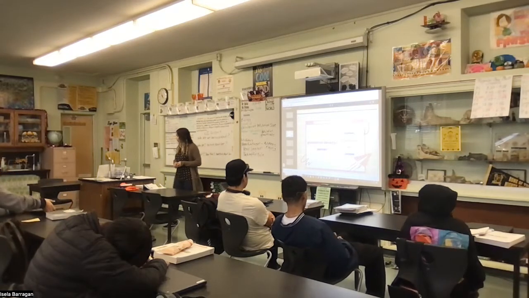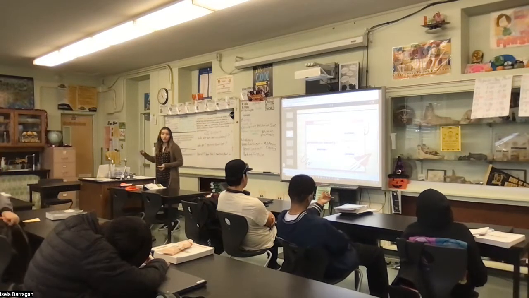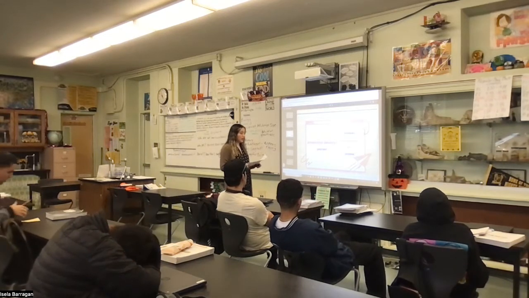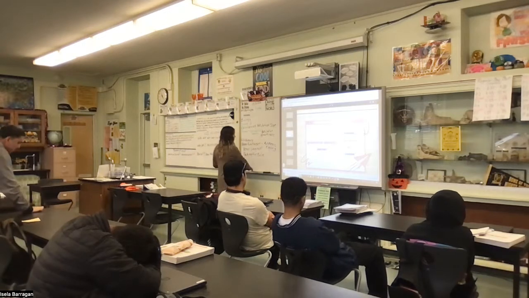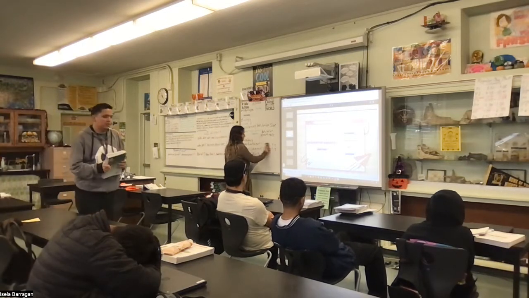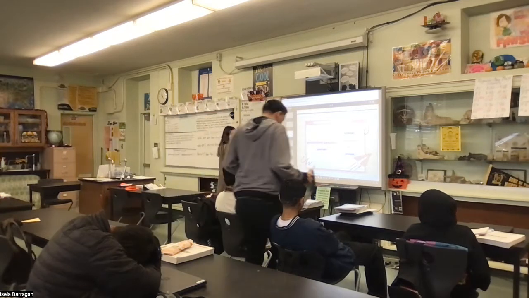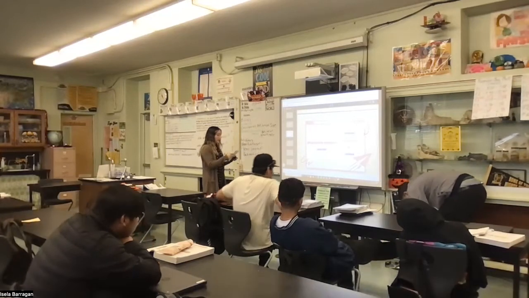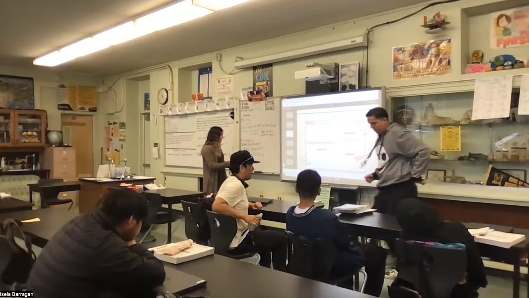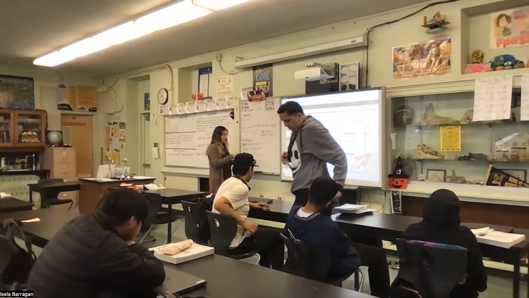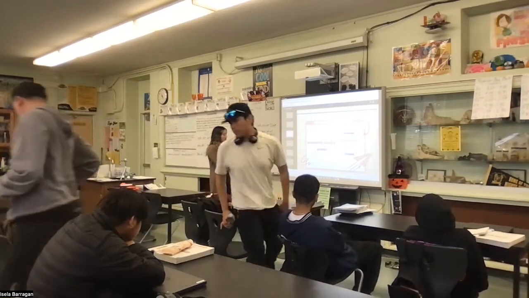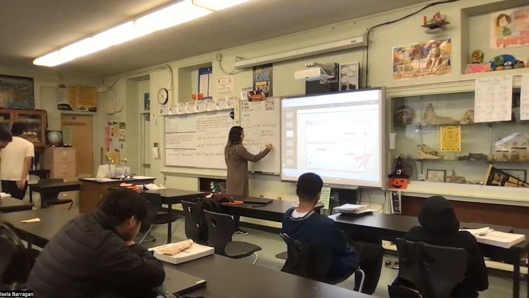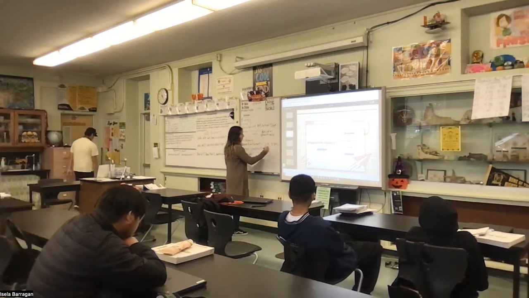Okay, so for the I do part, all you have to do for this is just look up here, okay? I'm gonna do an example for you guys with the population density formula. Can all of you guys see this? So for this example, I have a population size of 65,195. This is my population size.